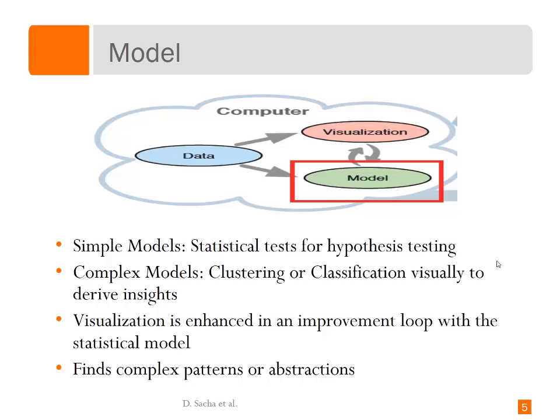It creates this improvement loop with the statistical modeling that allows us to optimize and fit models a lot better. So it's a feedback loop for us and helps us to build and create models. And as well, it helps us to find complex patterns or abstractions. That's what the model is for.